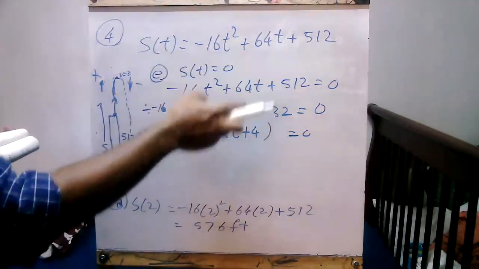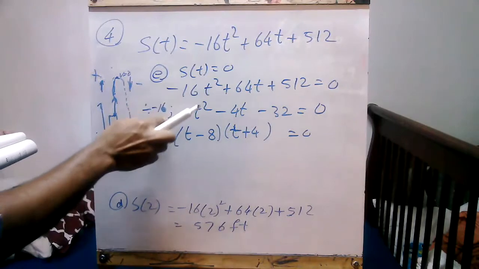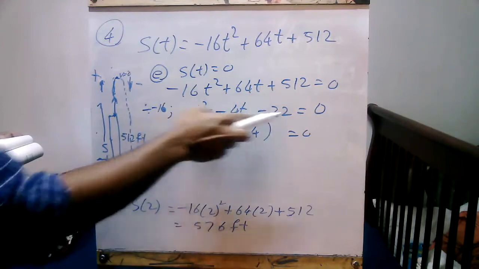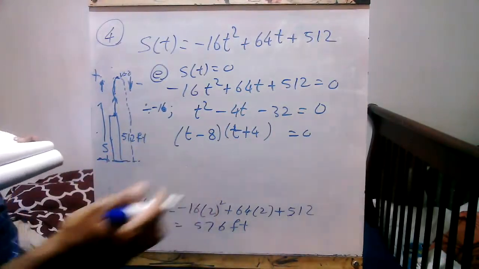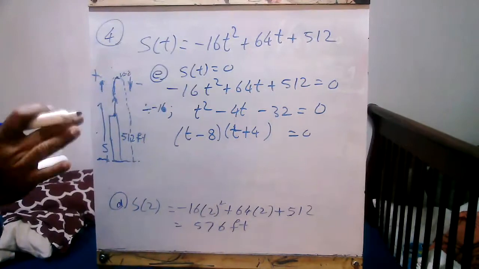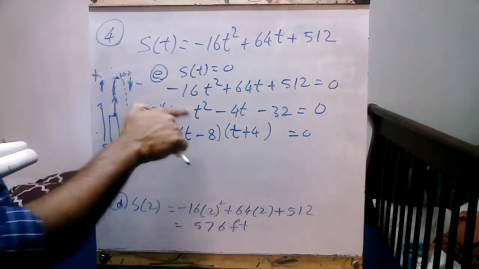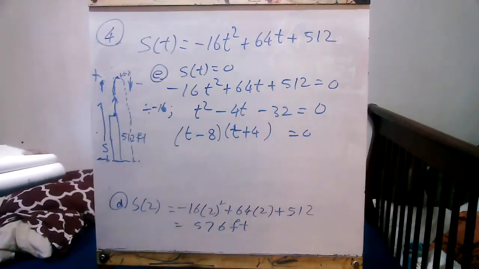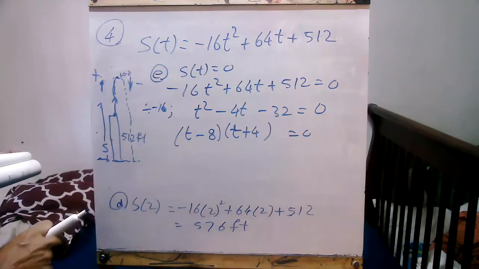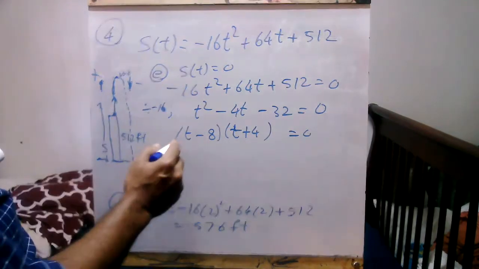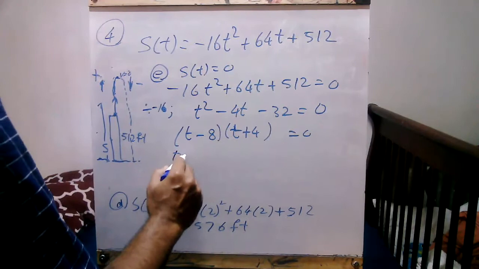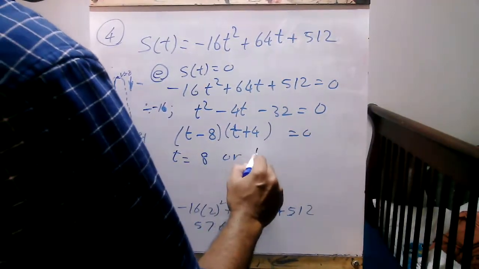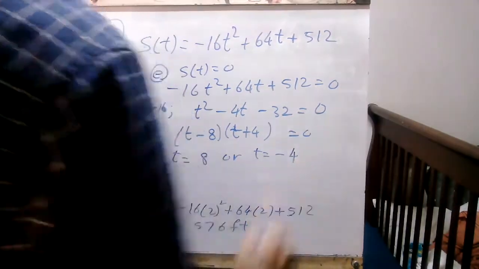We set this S to 0, divide by negative 16, then factor it out. If you cannot factor it, sometimes depending on the question, it may be factorable, maybe not. If it is not factorable, use the quadratic formula to find t. Now we get either t equals 8 or t equals negative 4, right?